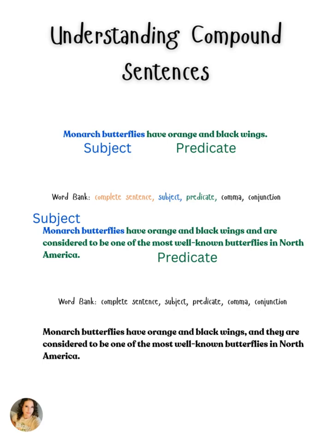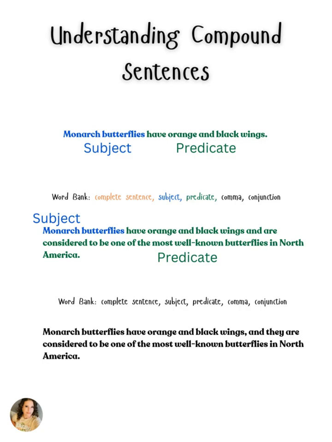Let's take a look at identifying this sentence. Monarch butterflies have orange and black wings, and they are considered to be one of the most well-known butterflies in North America. So, this is what we call a compound sentence.